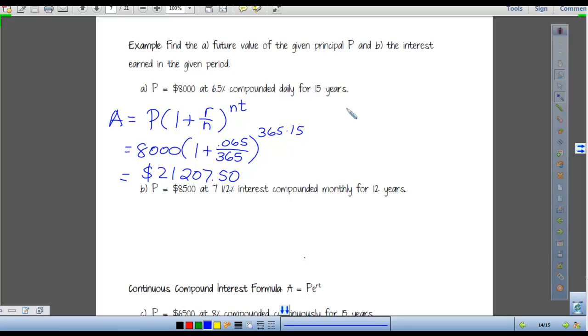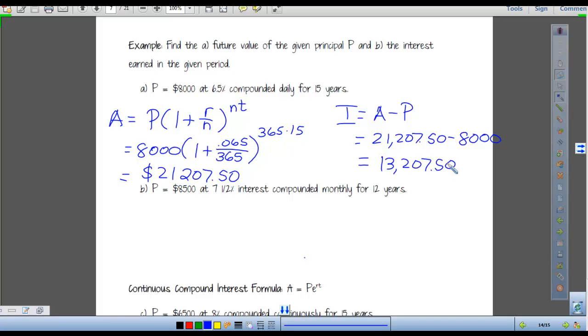Our interest is going to be the accrued value minus our investment. So we had $21,207.50. We invested $8,000. So that brings us down to $13,207.50. Is that right? Okay, good.